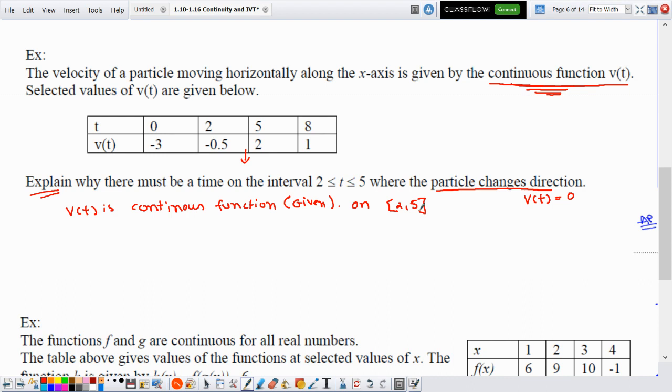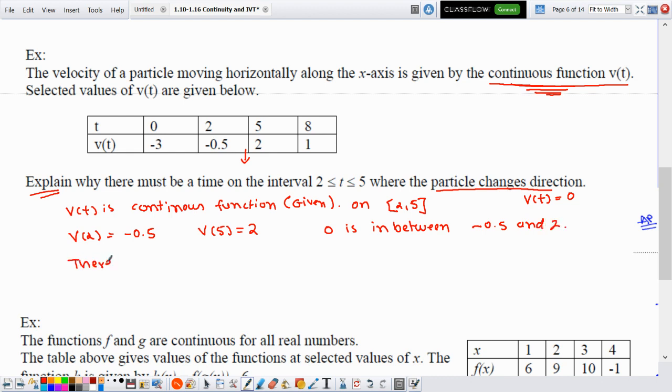Okay. What is v of 2? Negative 0.5. v of 5 is 2. And clearly 0 is between negative 0.5 and 2. So write down 0 is in between negative 0.5 and 2.